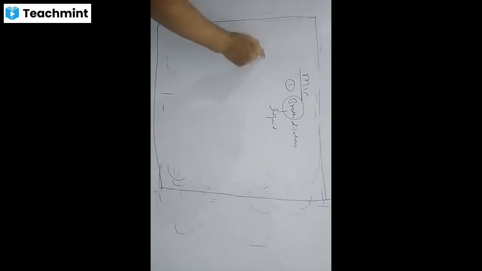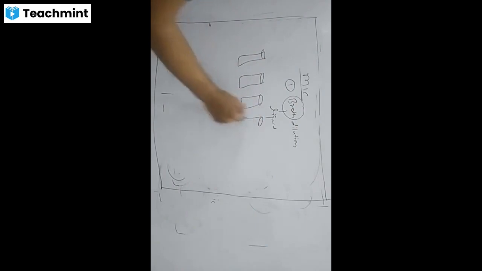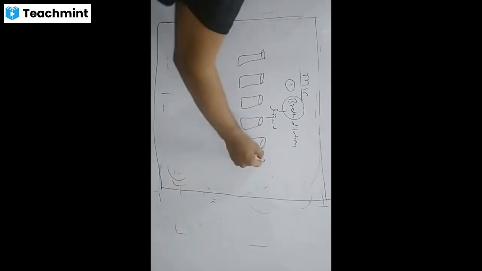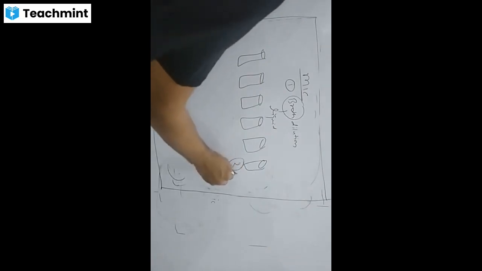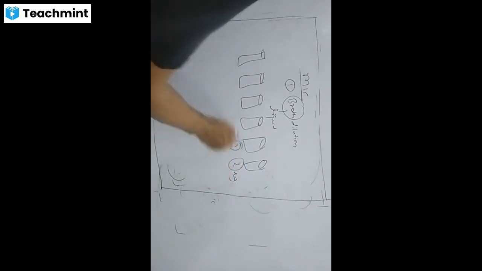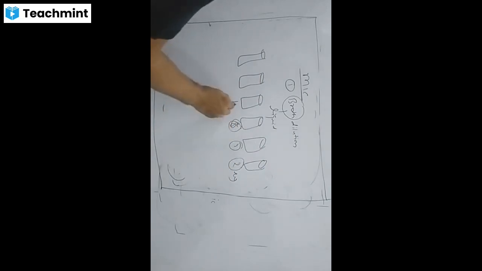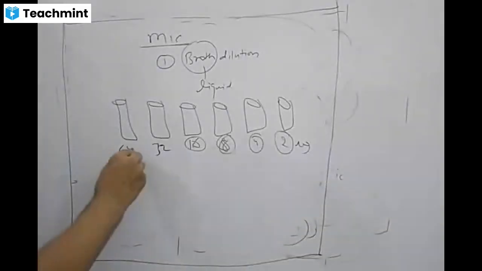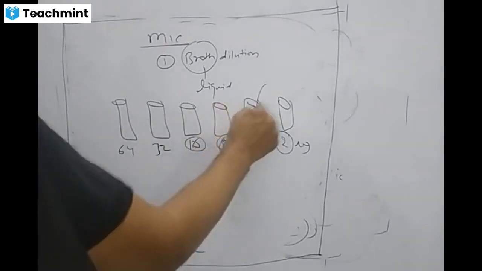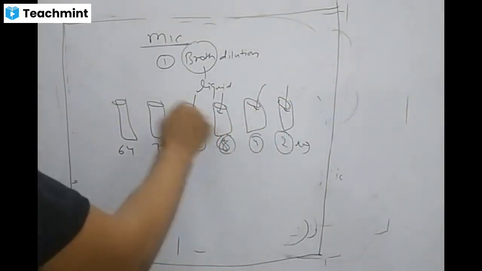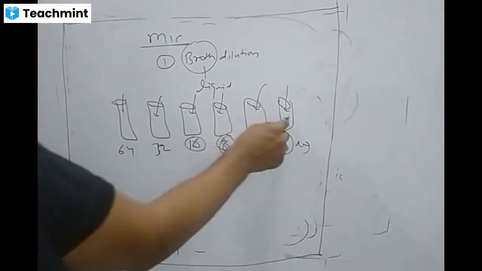Suppose there are the following concentrations in micrograms: 2, 4, 8, 16, 32 and 64. Drug is added in all the cases and bacteria is present.